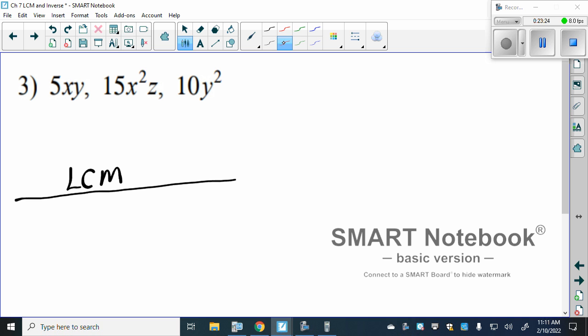So really, we're just looking at 15 and 10. Looking at these two here, the first number that they're both going to be is 30. Goes 10, 20, 30, 15, 30.